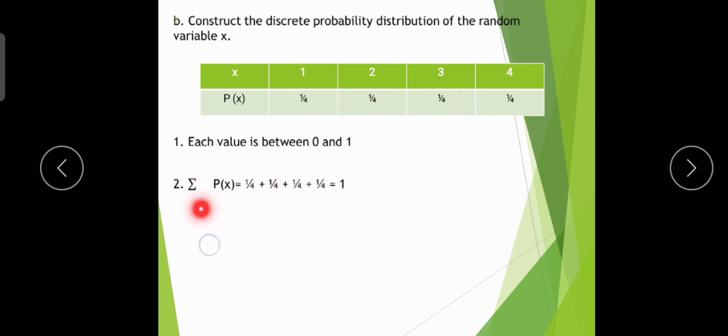Sa number 2, dapat lahat ng probability na outcome na ito is mag-equal sa 1. So, kukunin lang natin itong probability of x. It equals to 1 over 4 plus 1 over 4 plus 1 over 4 plus 1 over 4. So, magiging siyang 2 over 4, 3 over 4, 4 over 4 is equals to 1.